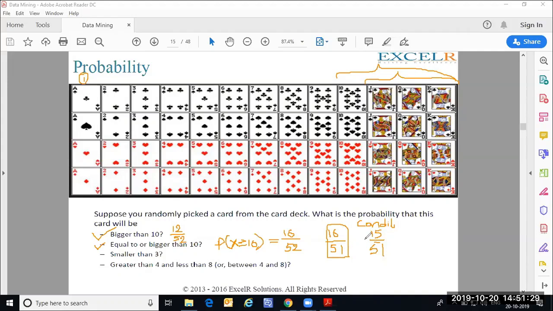If it is already greater than or equal to 10, then 15 by 51 is the probability associated with the card being greater than or equal to 10. And this is called conditional probability.